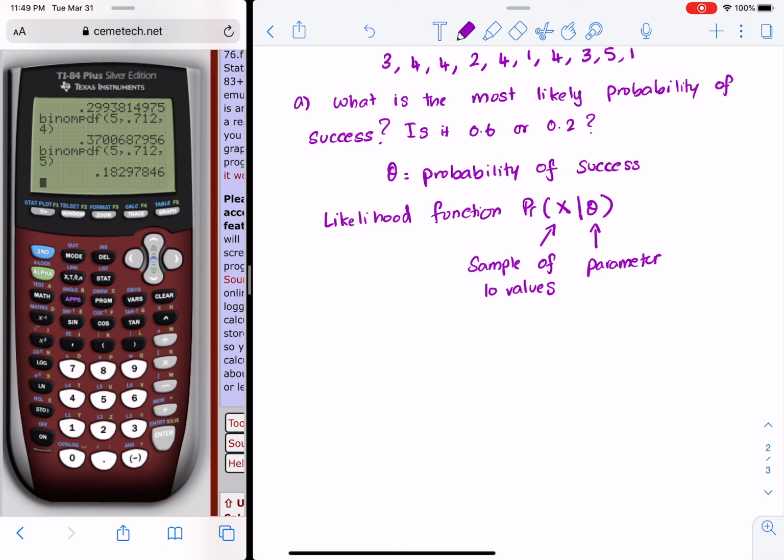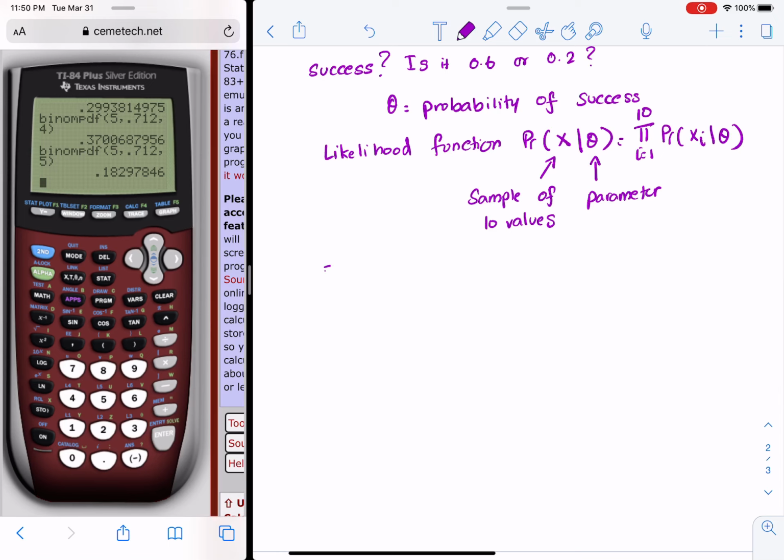And that is proportional to the product, i equals 1 to 10, of the probability of seeing each of the observations, that is just the multiplication rule. So we would have the probability of X given theta equal to the product, i equals 1 to 10, of m choose Xi times theta raised to Xi times 1 minus theta raised to m minus Xi.